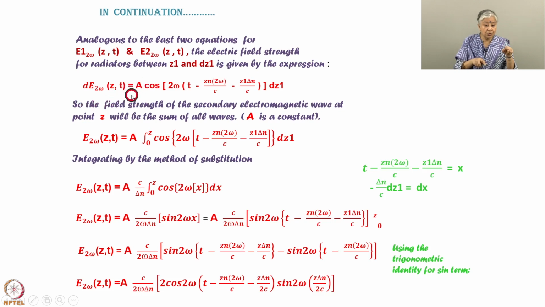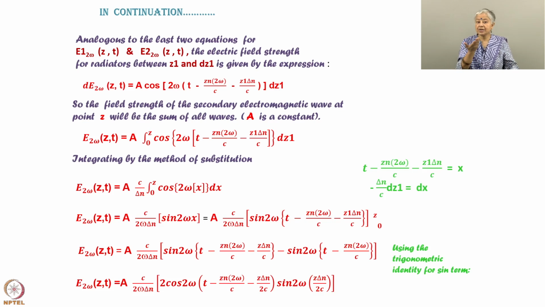Now, I have put an equal to sign. So, I have put in A, which is the amplitude, cos of 2 omega t minus Zn 2 omega by C minus Z1 delta n by C dZ1. This is at point Z1, but it is travelling a small distance of dZ1.